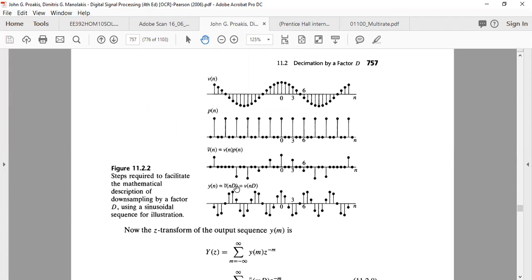Just before downsampling, all the missing points that have been downsampled in between could be represented with zeros, right? So that we get a signal v of n which is equal to v of np times n.